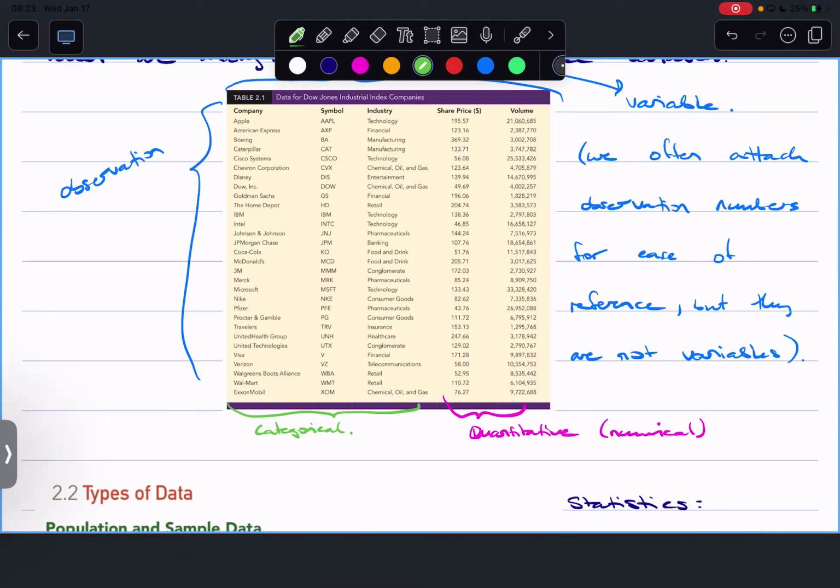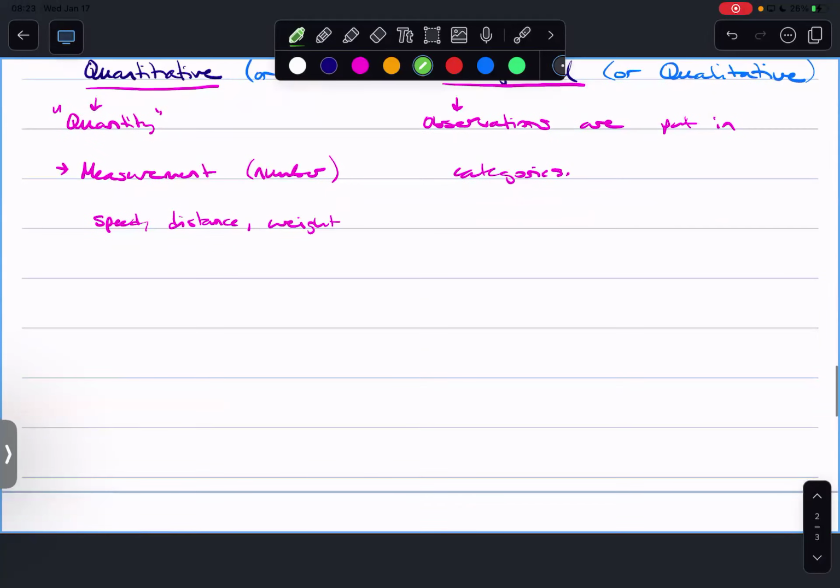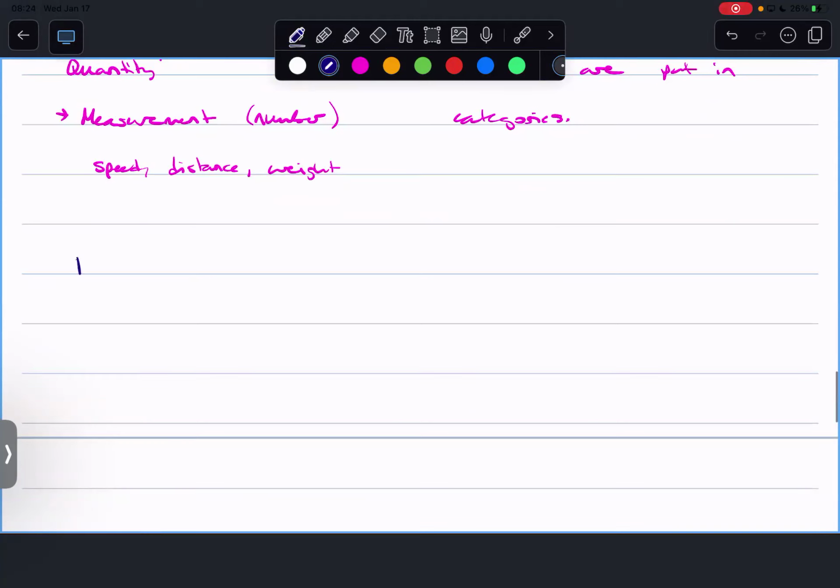So when we're first kind of starting out, a main part of our practice is going to be just figuring out what type of variable we have. And the reason for that is because the type of variable that we have dictates what we can do with it, right? What kind of analyses can we do with this thing, right? The type of variable, right?